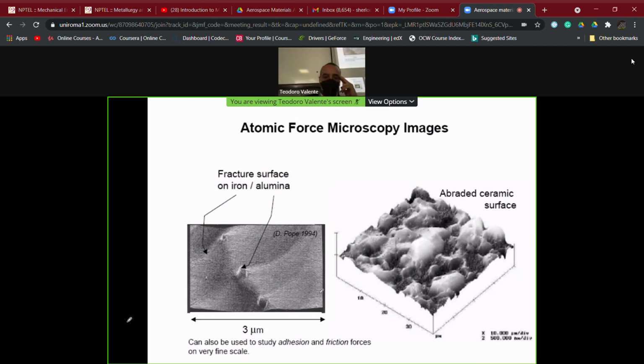You see here, this is an area which is investigated. Look here at the dimension, 3 micrometers, and the same more or less applies also on this axis. And we can go also up to tens of micrometers. You see here, it's an example of characterization of a braided ceramic surface after wear, but we are not in the range of meters or tens of centimeters.